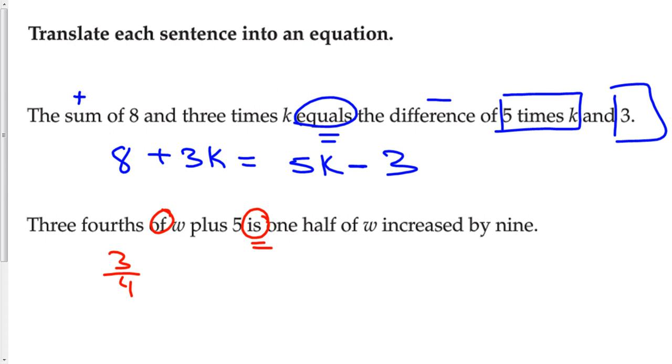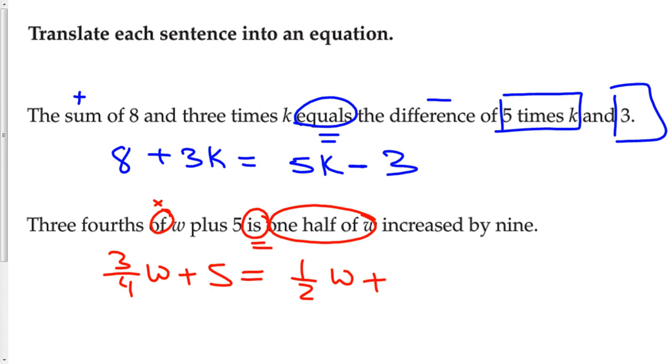Now of tells us we're going to multiply 3/4 times w. So it's 3/4 of w plus 5 is 1/2 of, again that of is telling us we're going to multiply, so we have 1/2 of w increased by 9, which means we're going to add. The increase tells us a plus, increased by 9.